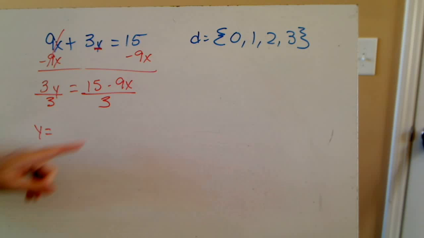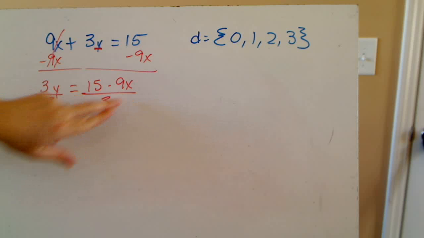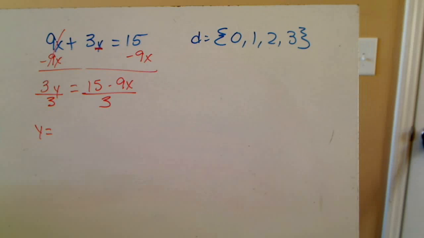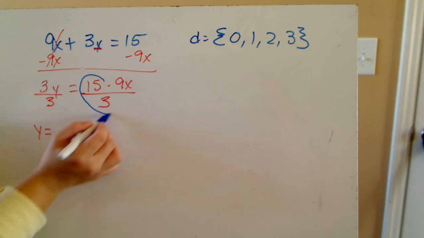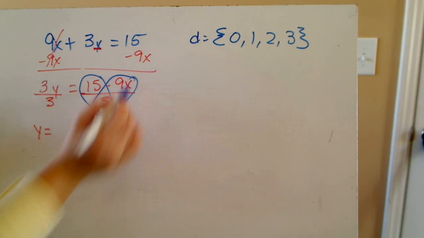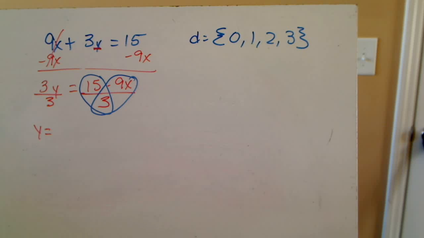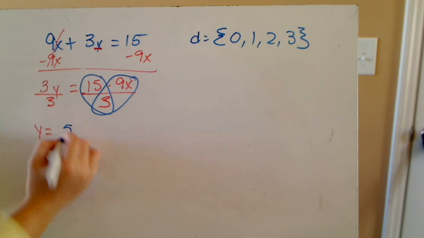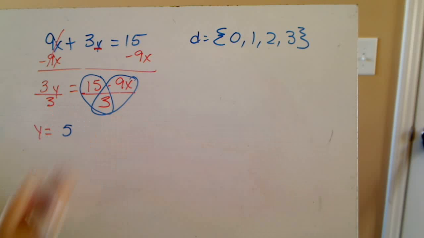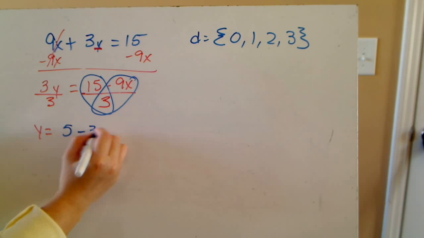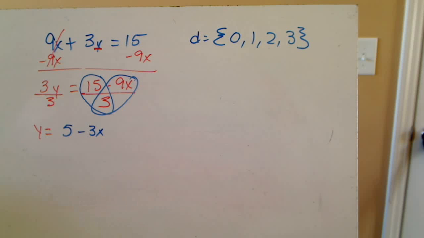In this case, because I have one number in my denominator, I can actually divide it into both of these terms. So you can do 15 divided by 3, which is 5, and then negative 9x divided by 3, which is negative 3x. So now I'm given a straight linear, what looks like a much easier equation to deal with.